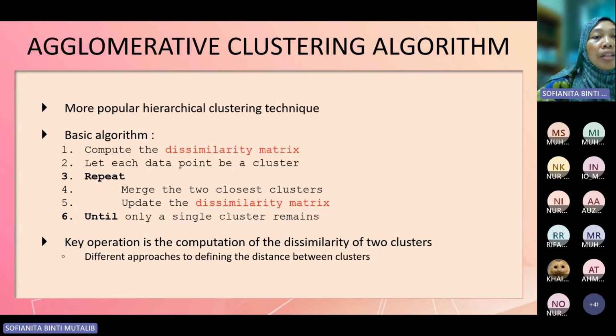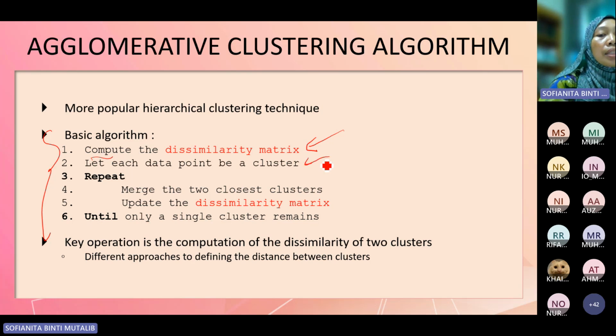Based on my explanation, I believe you can relate it to the basic algorithm here. Previously I showed you some examples of attributes in constructing the dissimilarity matrix. In the first step, the algorithm computes the dissimilarity matrix based on the given data set.